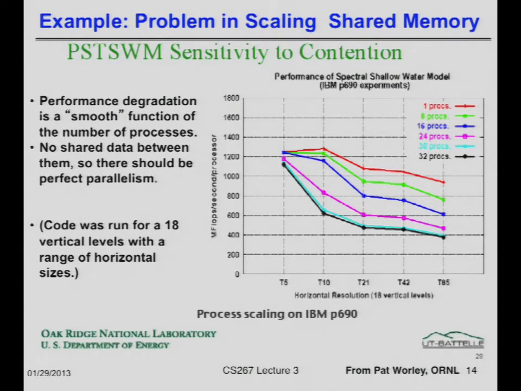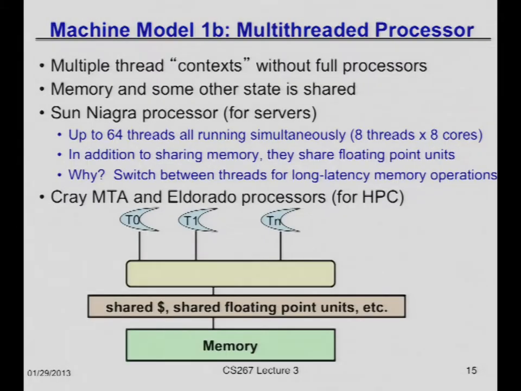So here's the next machine model that people tried to build to address this problem. Again, there are a bunch of shared processes, and from the programmer's point of view, it looks just the way I did before. You have shared variables and private variables, and you might have locks. But now, you don't assign a program to a processor and have it own that processor for a while.